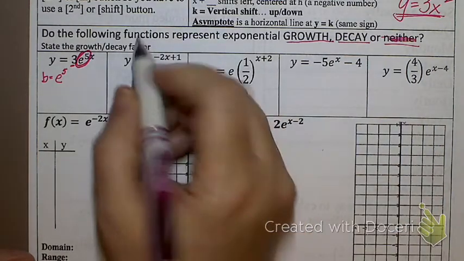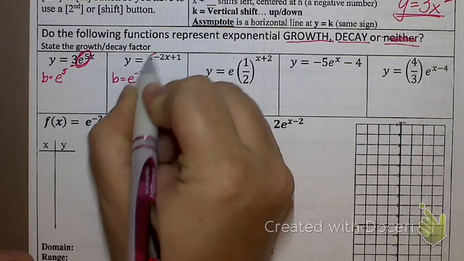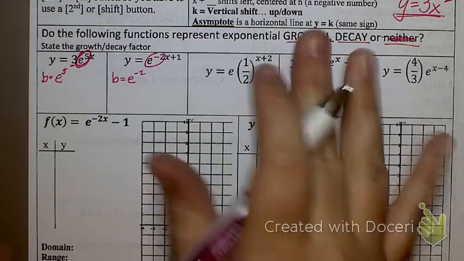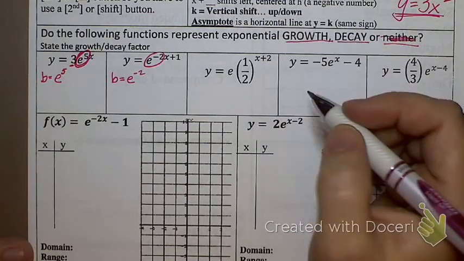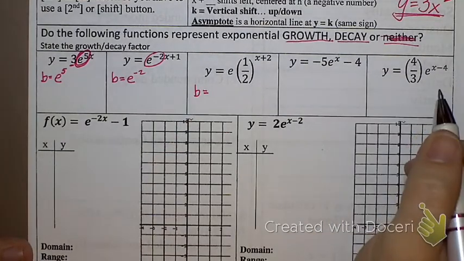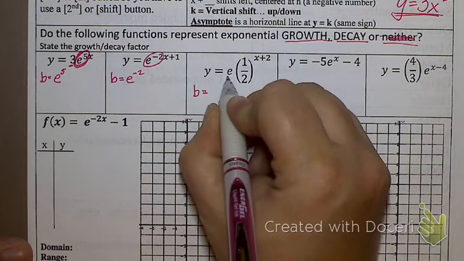In this one, what does B equal? E to the negative second. Now, it doesn't really equal e to the negative second because of something we talk about down below, but we're just going to go with it right now. What would B equal here? This is a trick one. Isn't this A?